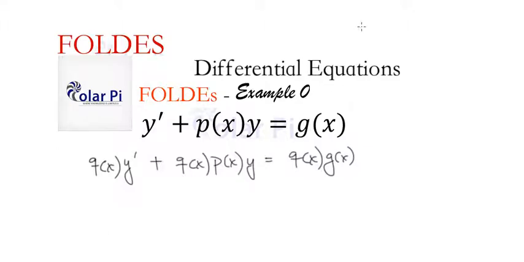And that is that q of x times p of x be equal to q prime of x. So the integrating factor q of x is such that when we multiply it by p of x, q of x times p of x equals q prime. You're going to see that this is going to suit us really well a little bit later.